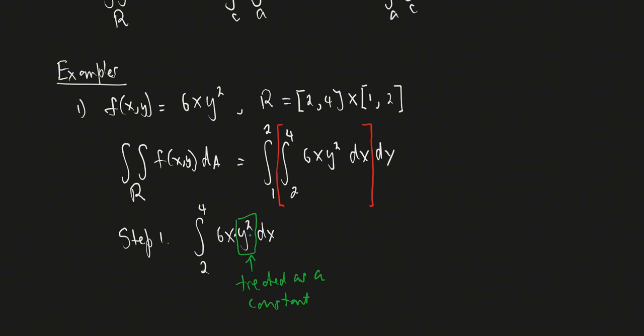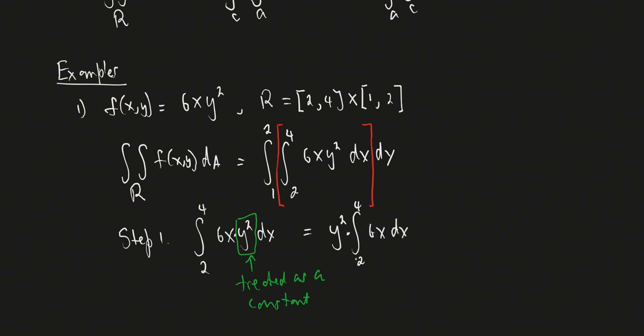What do we do with constant multiples when we're integrating? Well, we get to factor them out. So I can literally factor out the y squared and put it outside, and then what do I have? I'm multiplying the definite integral from 2 to 4 of 6x dx.